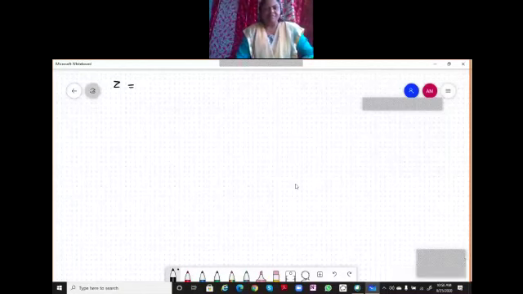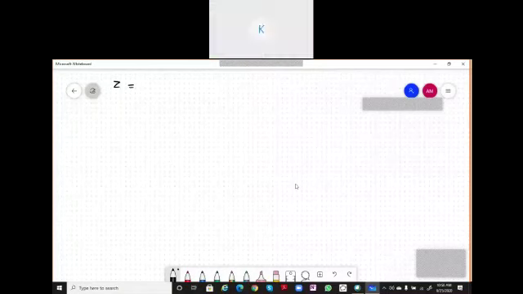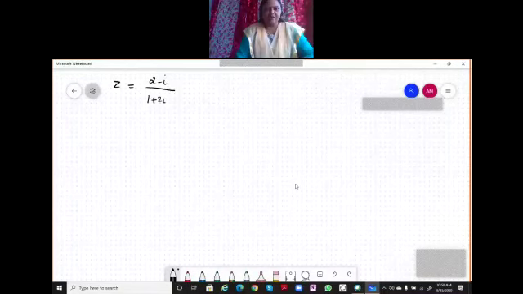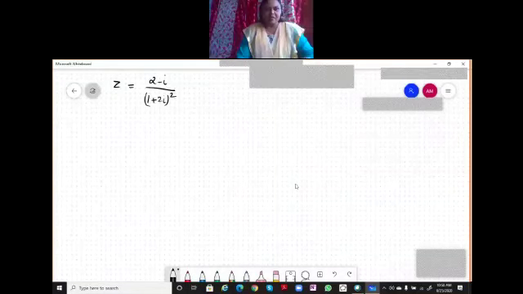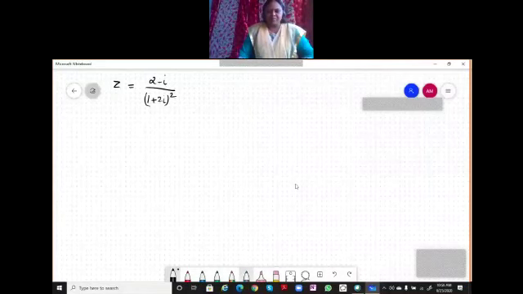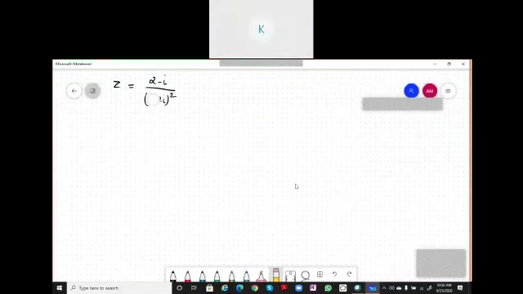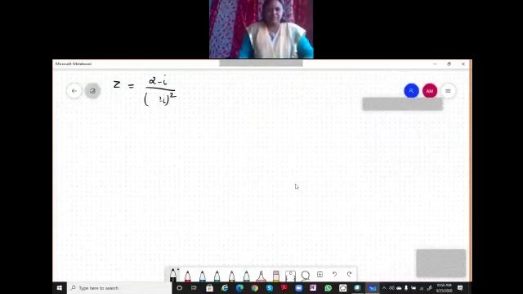Z is equal to (2 minus i) by (1 minus 2i) whole square. Ma, what is the numerator? 2 minus i.